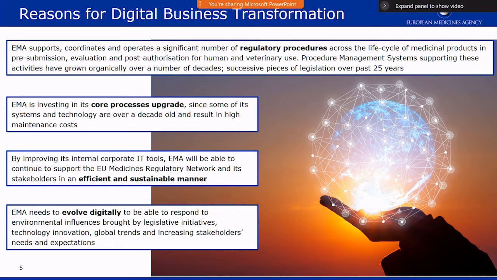And in this case, we have you as key stakeholders, industry, in an efficient and sustainable manner. So in summary, we need to evolve digitally to be able to respond to all the environmental influences brought by not only legislative initiatives, but also technology innovation, global trends, and increasing stakeholders' needs and expectations.